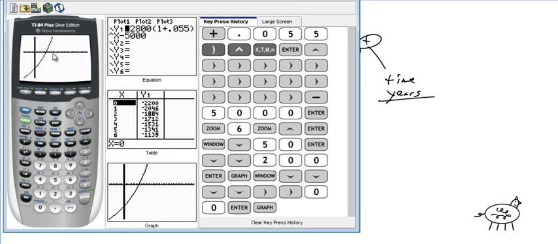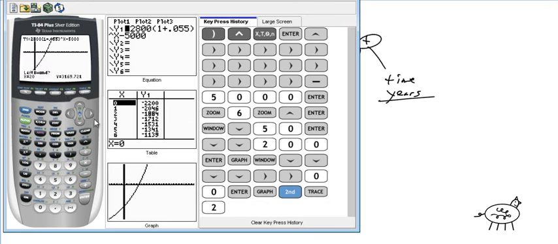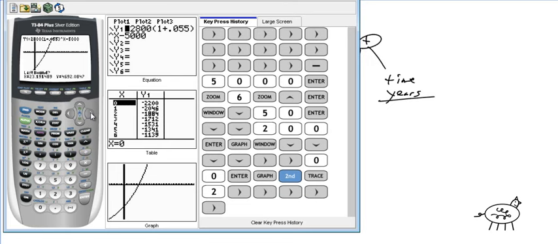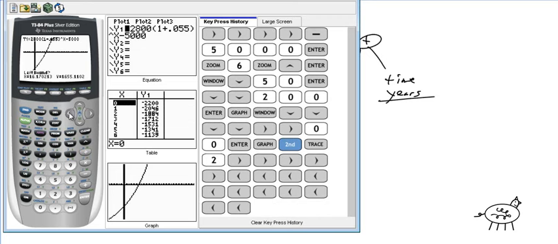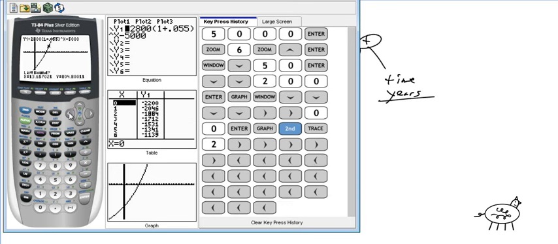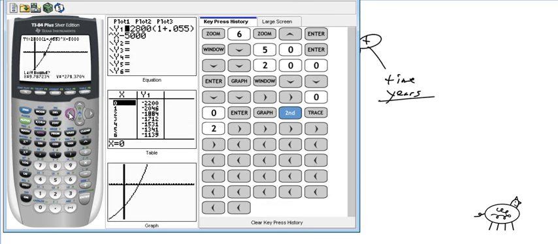I can see where the x-intercept is. So let's do second, calculate, zero. Oops, I need to come back down here. So I'm looking at these values for left bound. I know I've got to come down. There it is. So, kind of know your calculator.